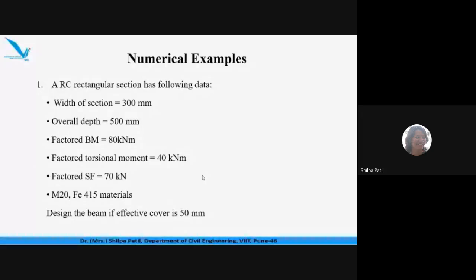Just tell me once you finish writing the problem statement. I will open the whiteboard and we'll start the solution.